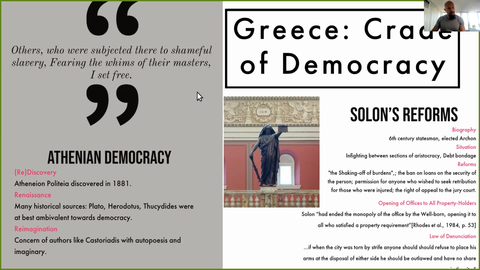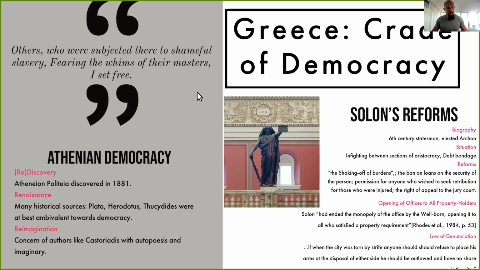So the renaissance of democratic theory, or rather of interest in democratic practices, is in fact also partly attributable to, as I mentioned, the fact that many historical authors that did survive were not very fond of democracy. I'm thinking here of Plato, Herodotus, Thucydides, and many others who one can consider at best ambivalent towards democracy. And of course, Plato was a fervent opponent, and in fact quite politically reactionary.